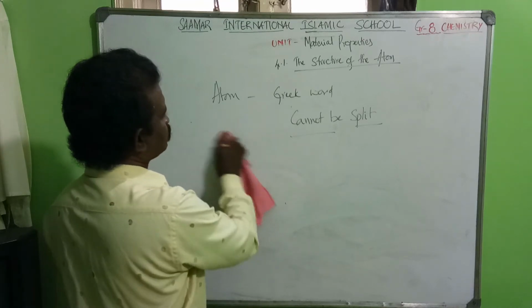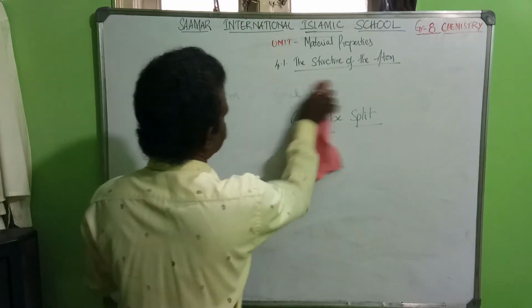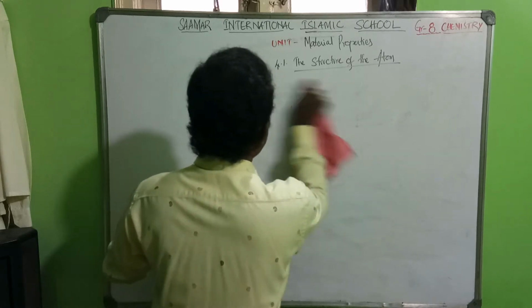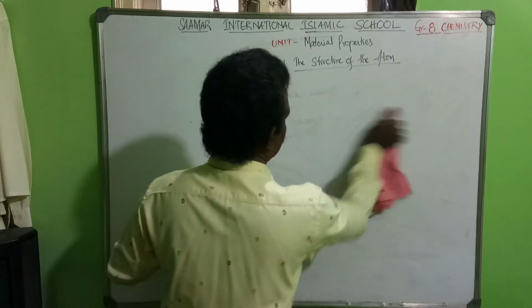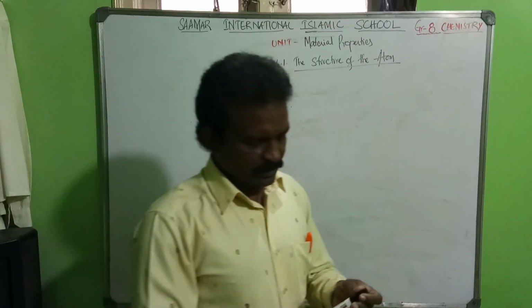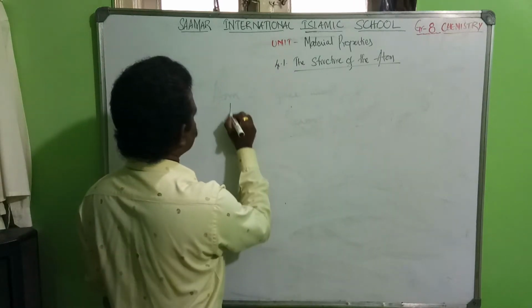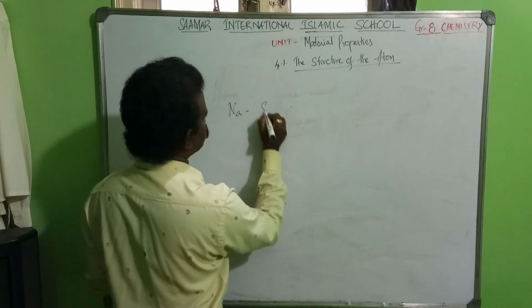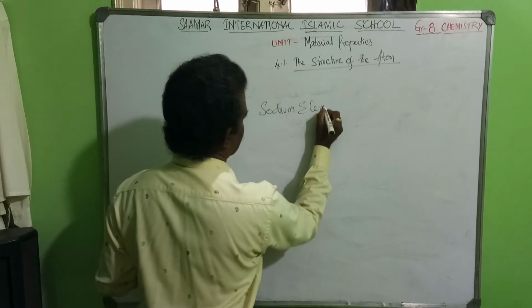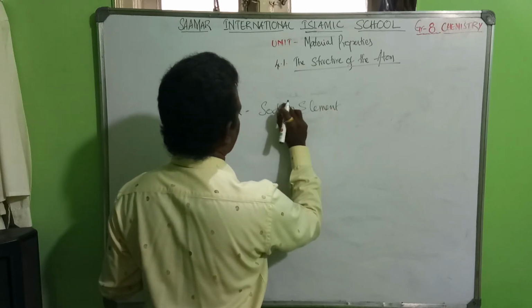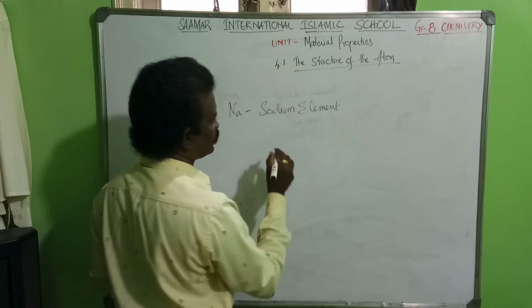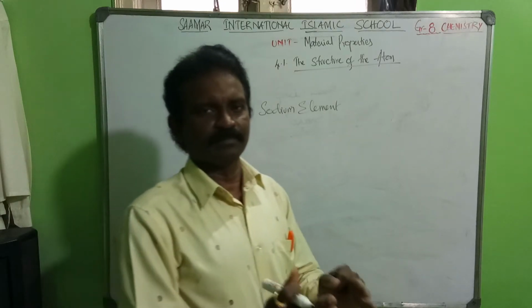Now atom, as we know, is the smallest particle. If I take sodium element, Na is the sodium element, all the atoms of sodium behave the same.